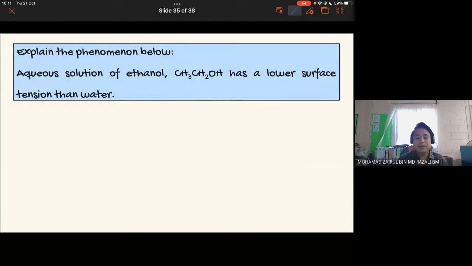Okay, soalan ni. Aqueous solution of ethanol has a lower surface tension than water. Sebab apa? Ethanol has a lower surface tension than water. Kalau saya lukis ni ethanol kan. Okay, this one ethanol. Okay, this one water.